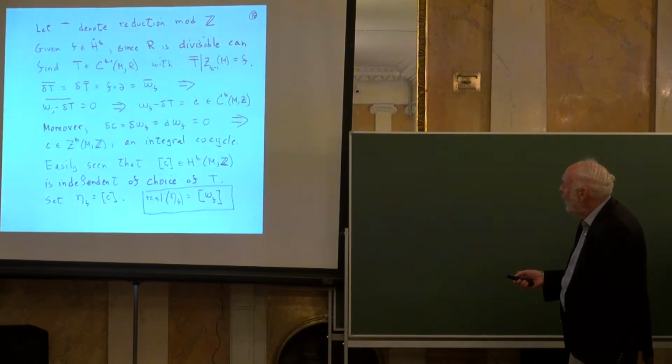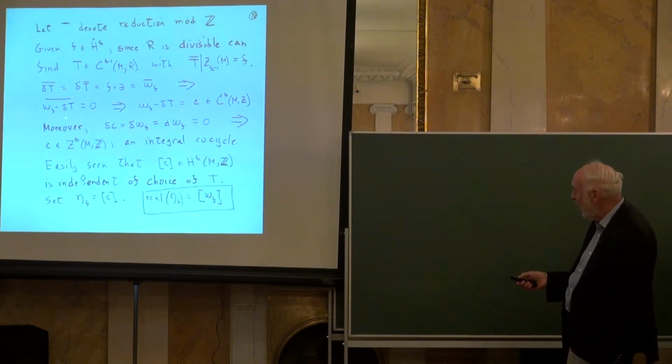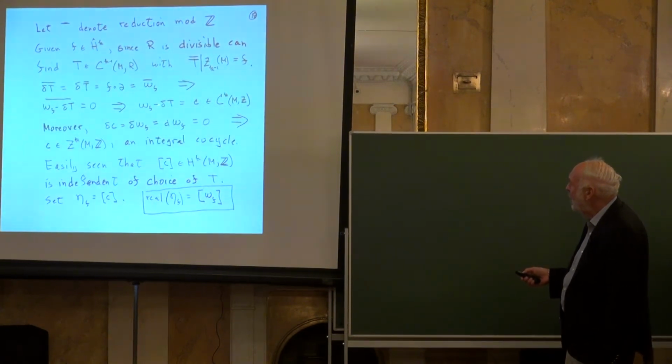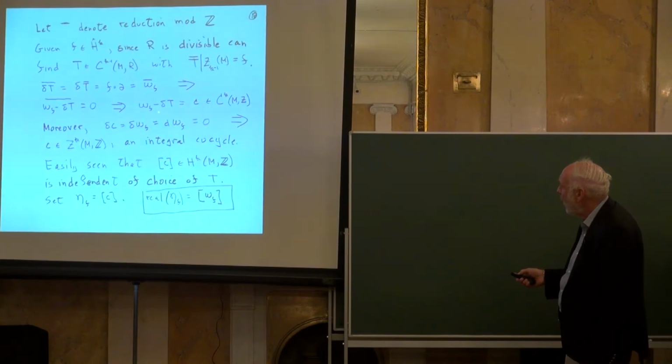So that means that if I subtract this from this, I'll see that omega sub f minus the coboundary of t, reduced mod z, is 0, and that implies that omega sub f minus the coboundary of t is an integral cochain.